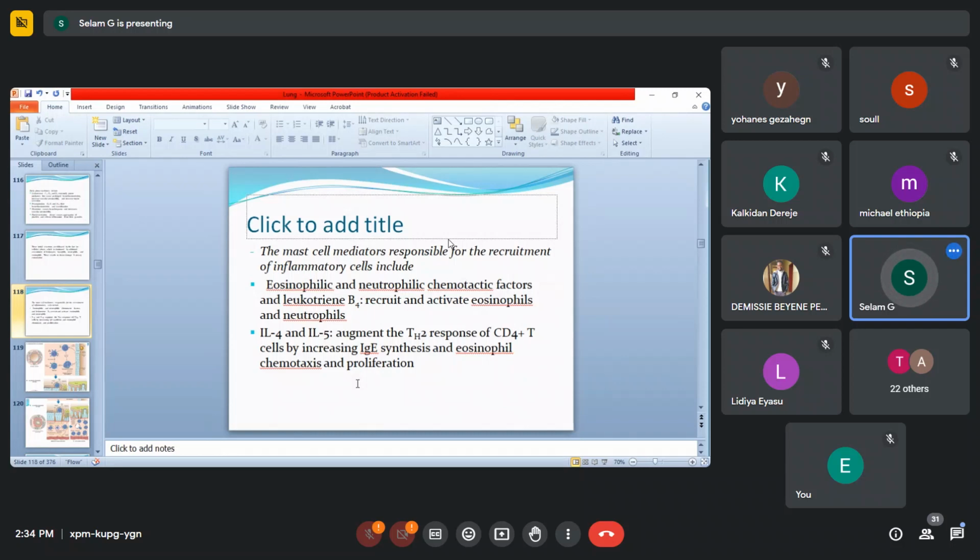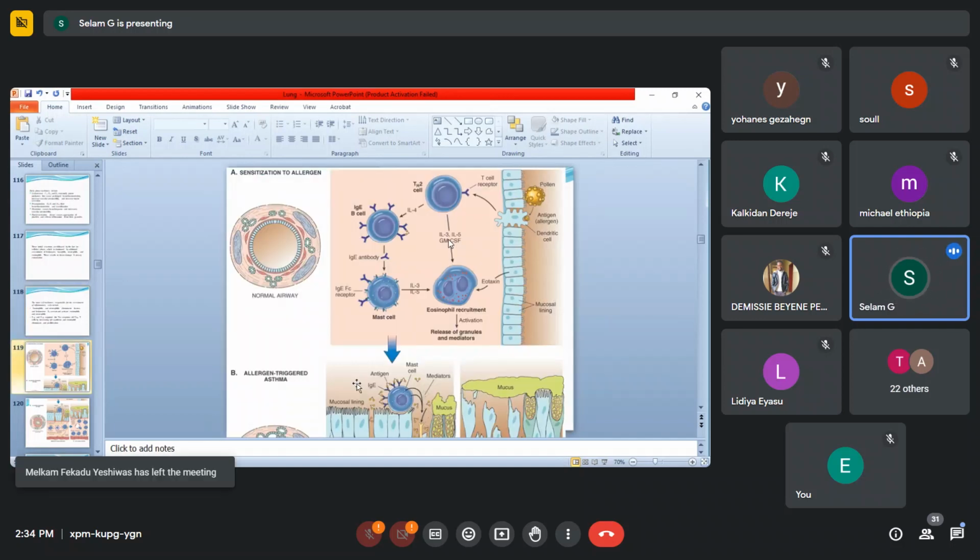Interleukins 4 and 5 augment the T helper 2 response of CD4 T cells by increasing IgE synthesis and eosinophil chemotaxis and proliferation. So all in all, this leads to mast cell degranulation and this acute attack.